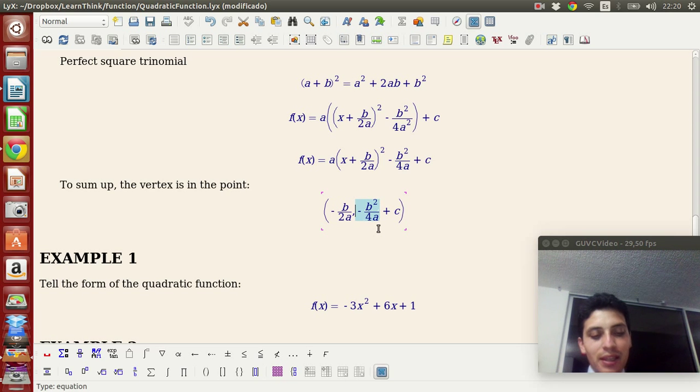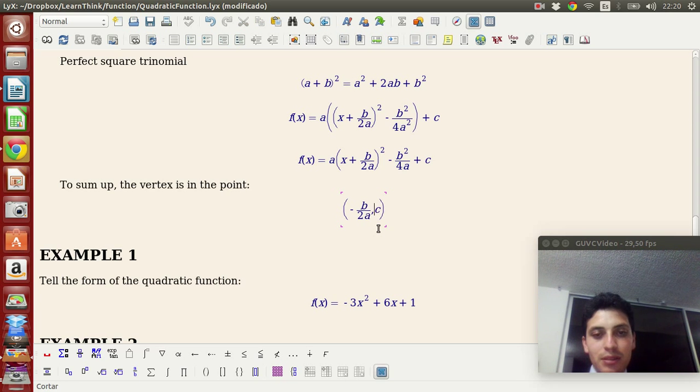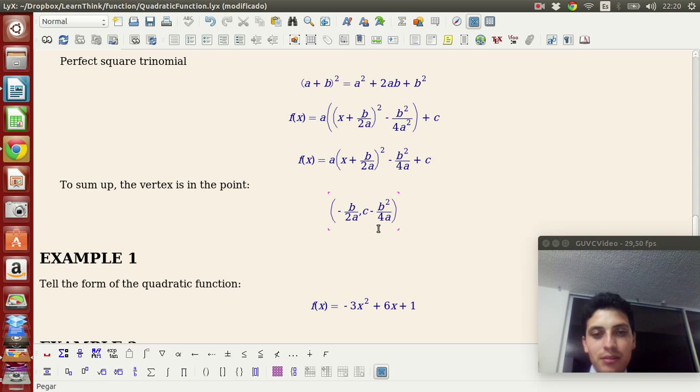If you don't like negative numbers here, we can write it as c minus b squared divided by 4a. And this is how you determine the vertex. You just have to apply this formula and you have the vertex every time.